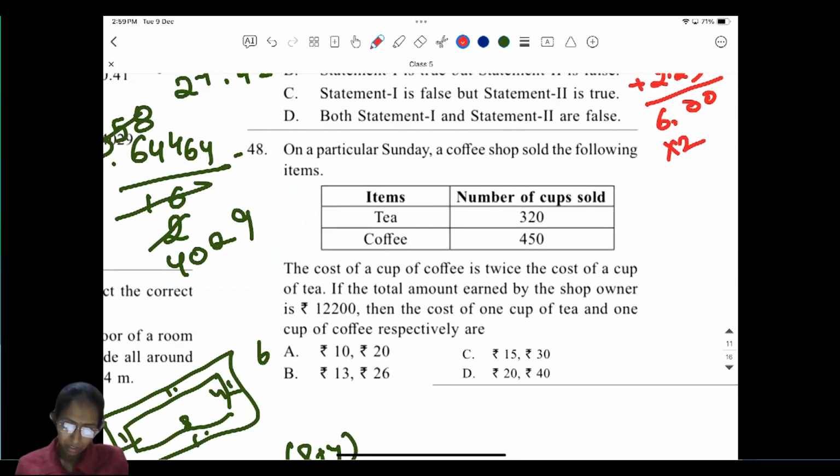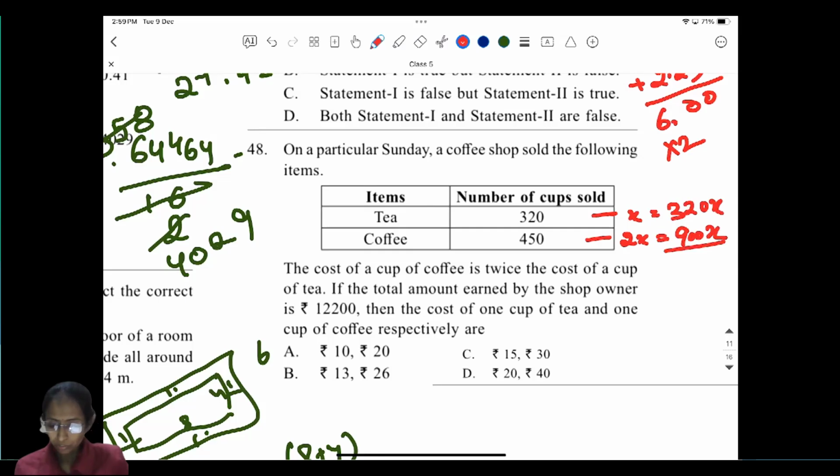We can say that tea is costing X rupees and coffee will be costing 2X because it is twice. Now, for 350 cups, the cost is 320X, and for 450, the cost is 900X. Multiply it by 1 coffee cup, that is 2X.